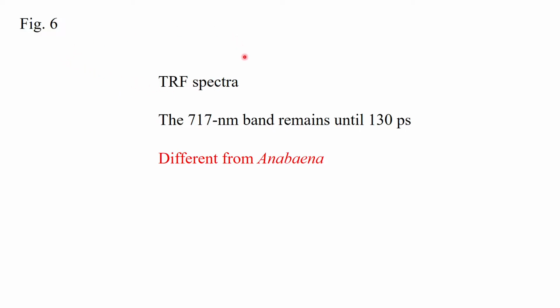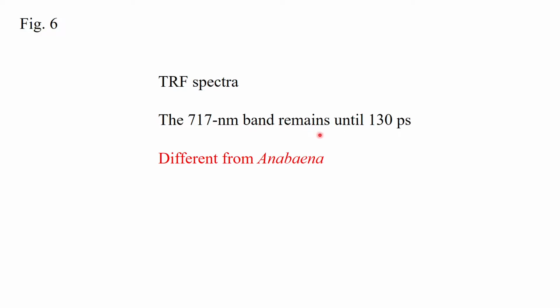Please see the PDF file of figure 6. There are a lot of fluorescence bands from 0 to 4.6 nanoseconds in this figure. The most characteristic band is the 717 nanometer fluorescence band.